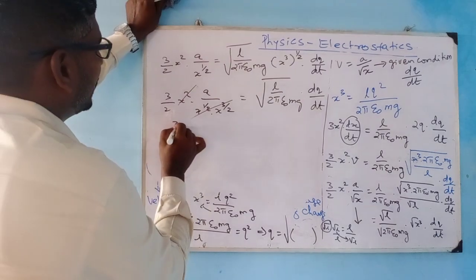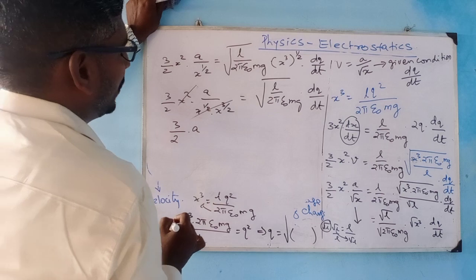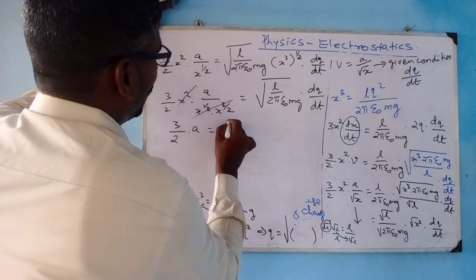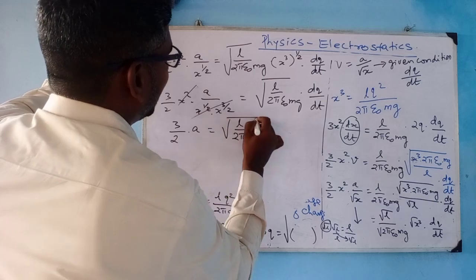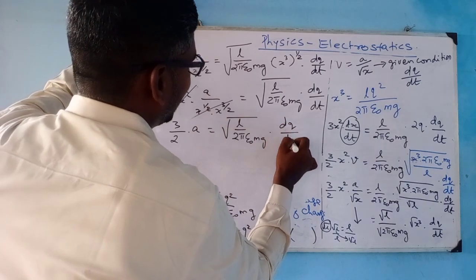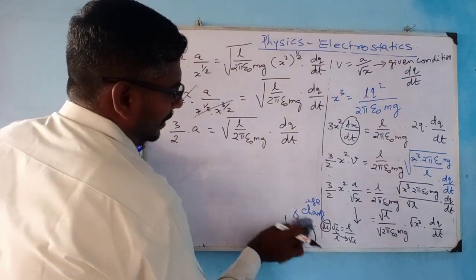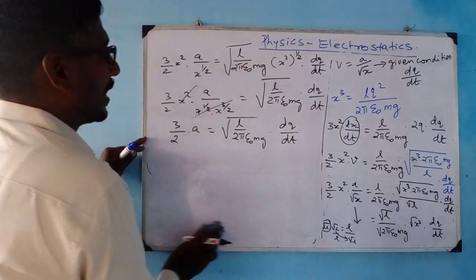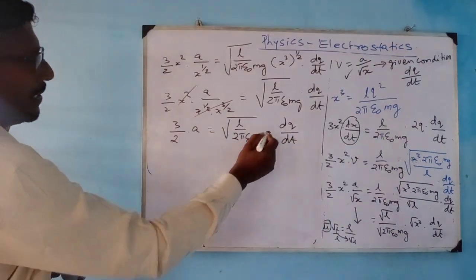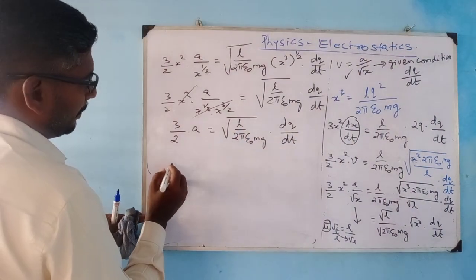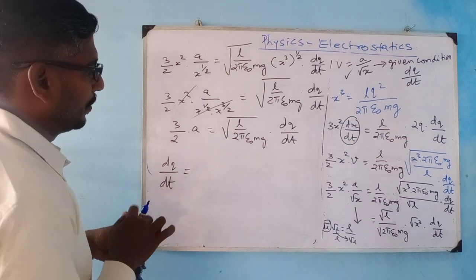Now here it remains 3 by 2 of a, which is equal to square root of L by 2 pi epsilon naught mg into dq by dt. Now you can calculate easily the leakage of charge when the velocity of approach is v equal to a by root of x. The leakage dq by dt is equal to what?